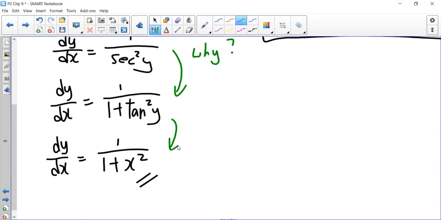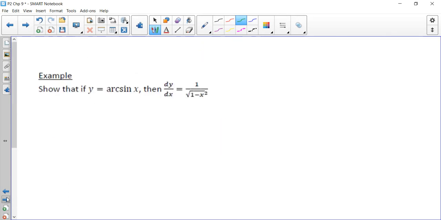Since x equals tan y, therefore x squared equals tan squared y.